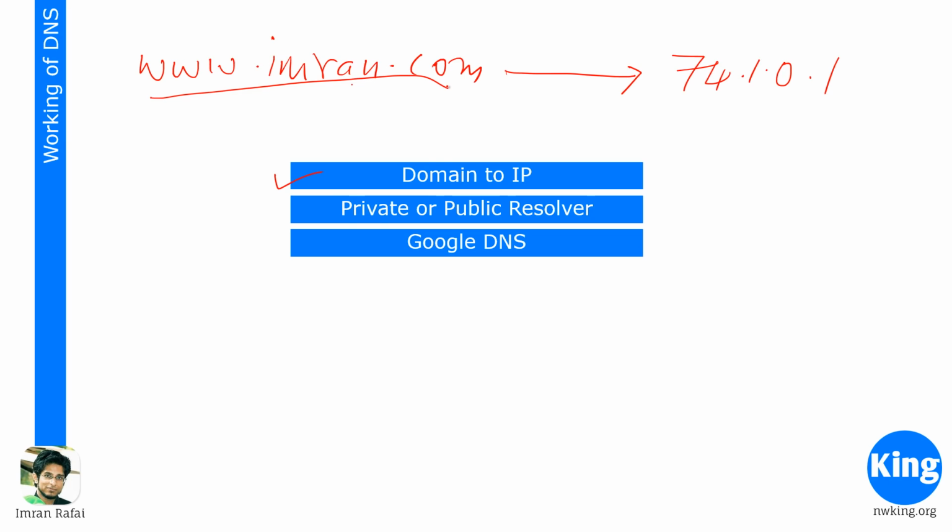So we can have two types. We can have private DNS servers, where let's say we have hundreds of computers, and we want to have a local domain name.